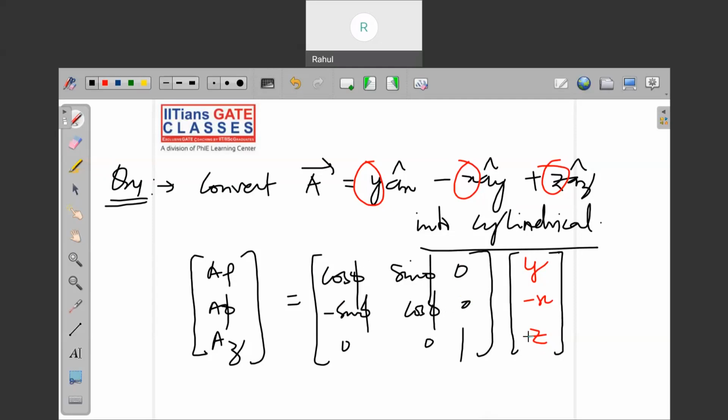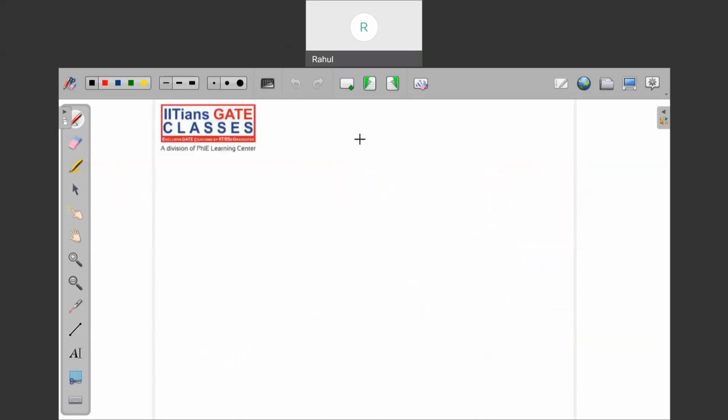So what you're going to get here is the A rho component. So A rho will be what? y times cos phi, minus x times sin phi, and the rest is 0, right? So in place of x and y, you can plug back x equal to rho cos phi, because you have to write purely in the cylindrical coordinate system, and y equal to rho sin phi.